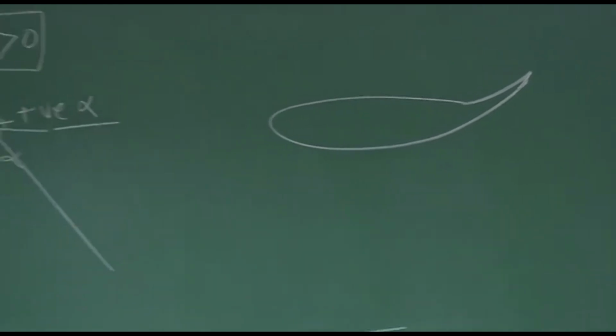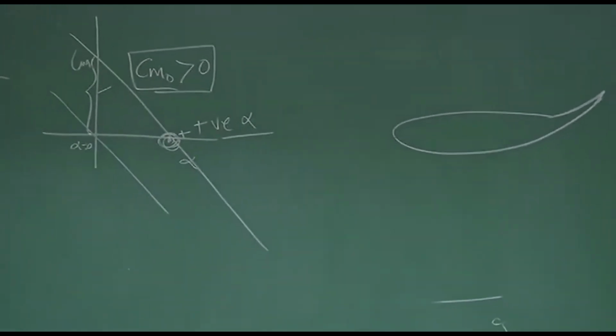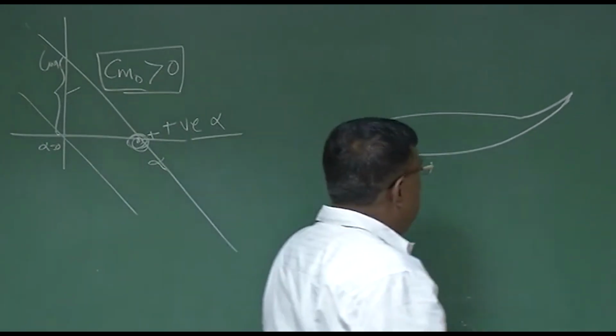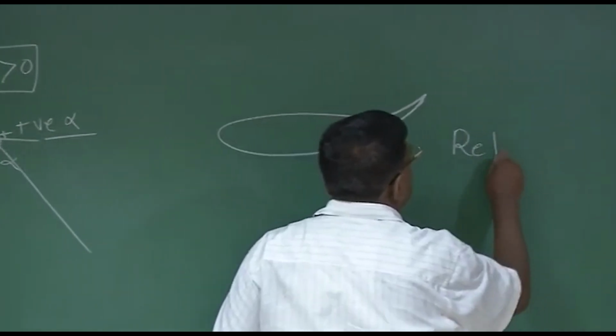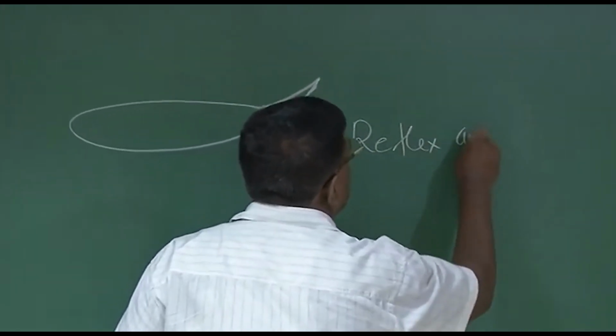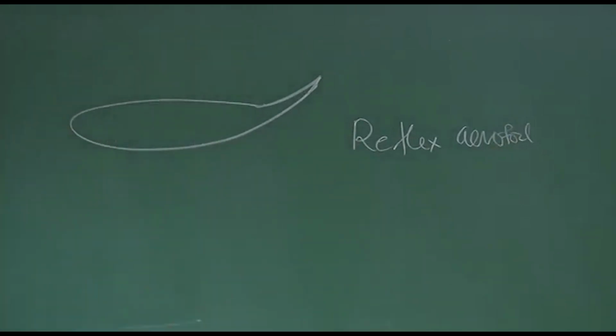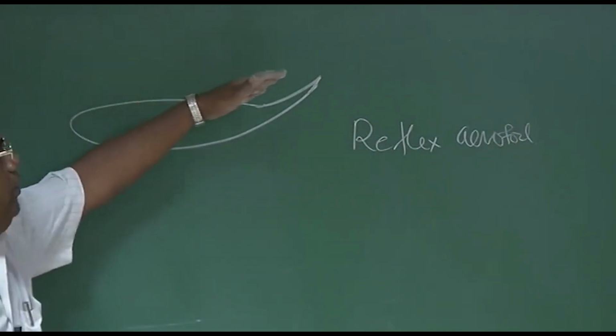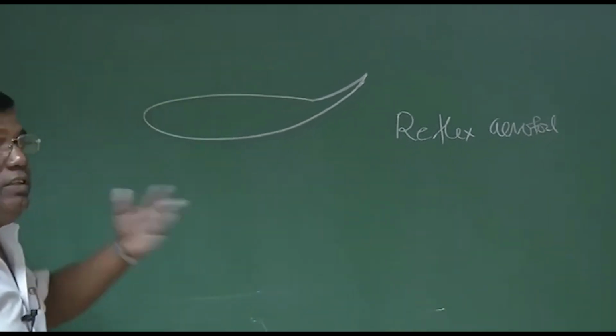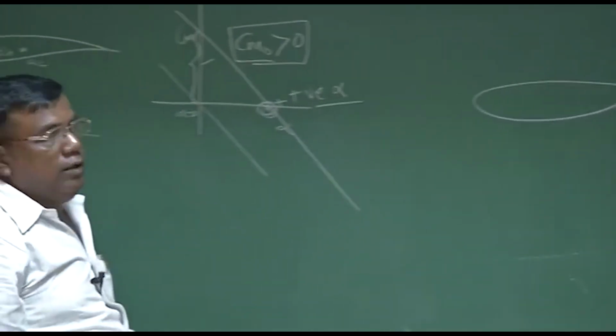It is loosely opposite of camber, but this is called reflex aerofoil. If you take the cross section of the wing, the contour will be like this, which is basically a reflex aerofoil shape.